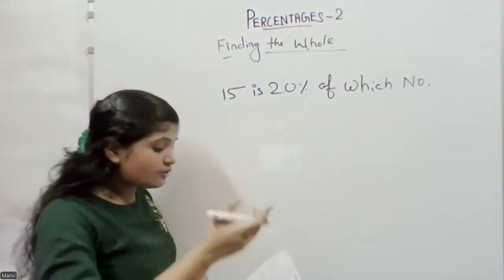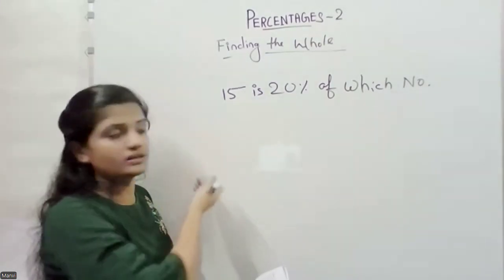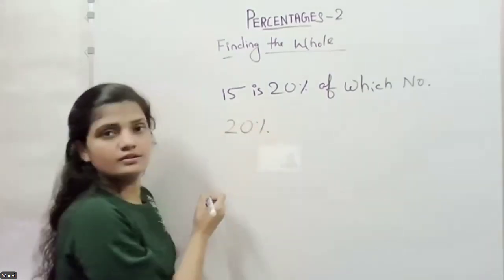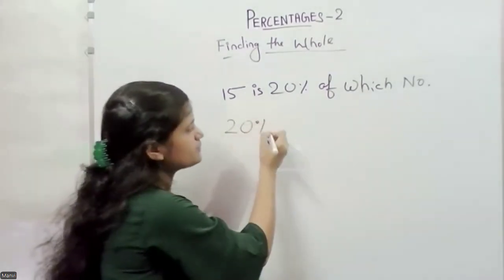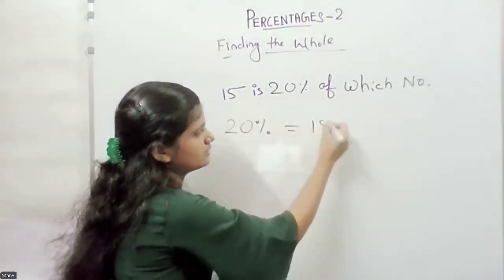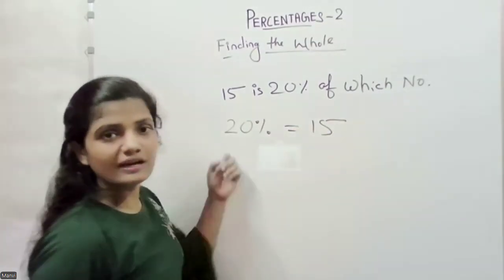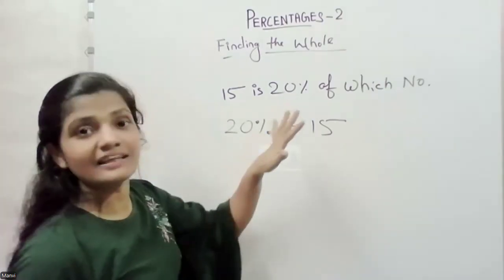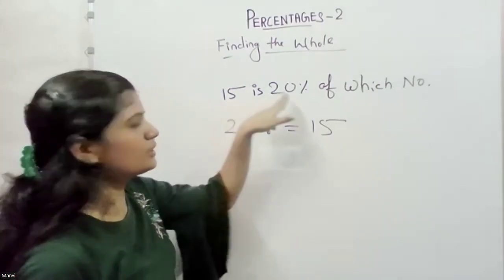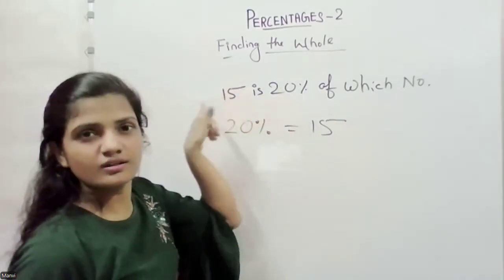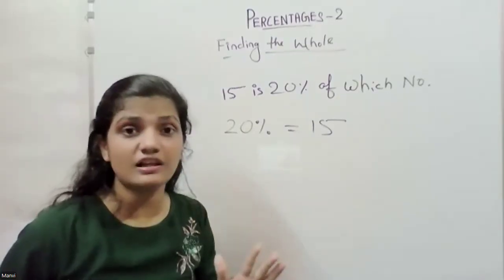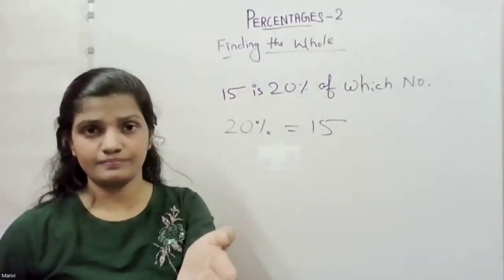No. First, write what percentage is given actually. They are giving the value of 20%, right? So 20% equals 15. You're equating 15 equal to 20%, which is wrong. They're giving the value. So first write what percentage value is given in the question.